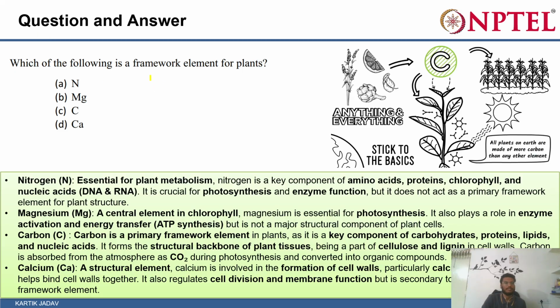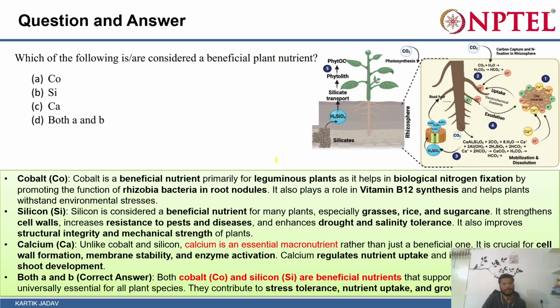Which of the following is a framework element for plants? So framework element and second is mineral element. So here N is not, Mg is also not, C, carbon, is the framework element. So correct answer is option. Next question, which of the following are considered a beneficial plant nutrient?